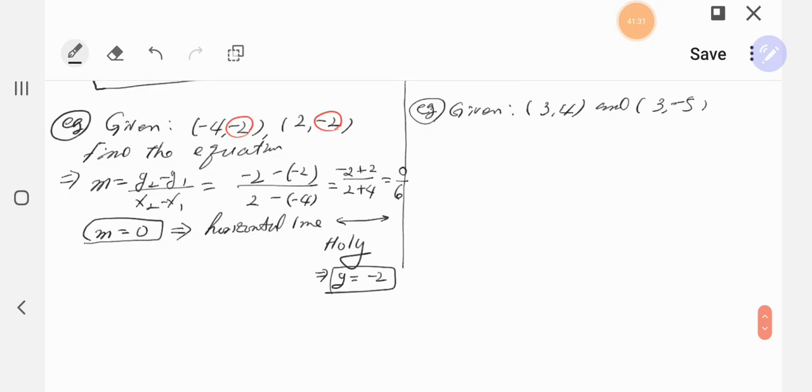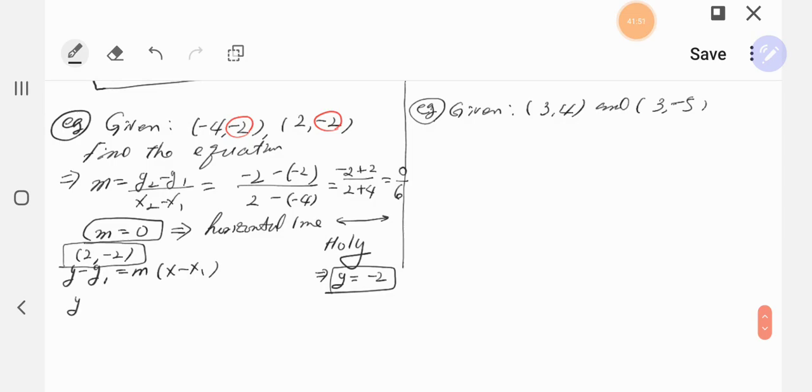Or you can use the point slope formula. y minus y1 is equal to m times x minus x1. Let's use any point, let's use 2 and negative 2.